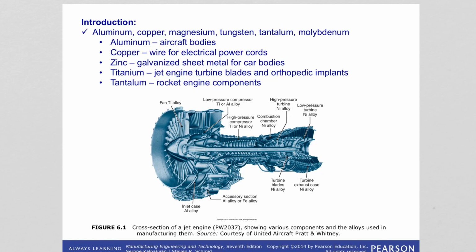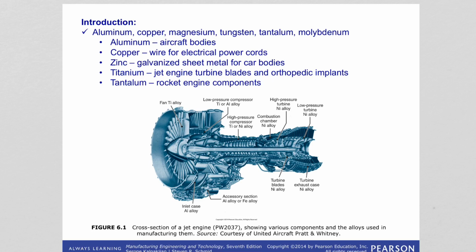So when we say non-ferrous metals, as we said, a wide range of materials: aluminum, copper, magnesium, tungsten, tantalum, molybdenum. All these non-ferrous metals are used in a variety of ways, even for a certain part. As we can see here, we are seeing the cross section of a jet engine.